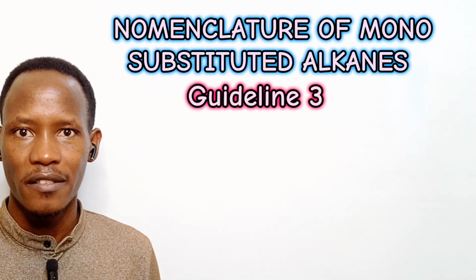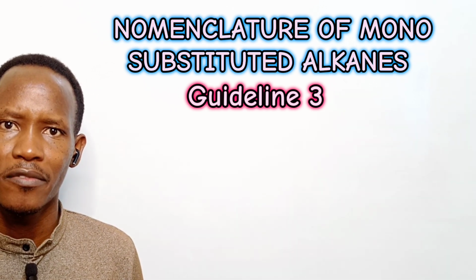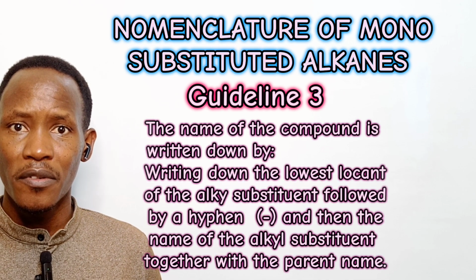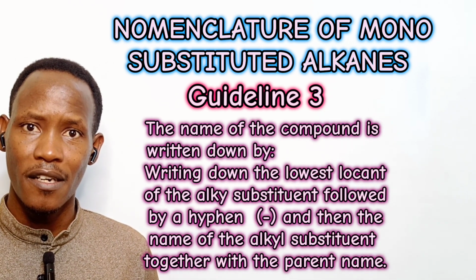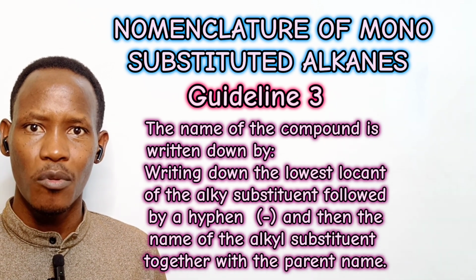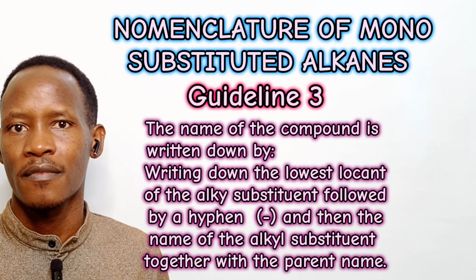We can now write down the correct IUPAC name of our given compound. We write down the name by first writing the number of the carbon atom attached to the alkyl substituent.